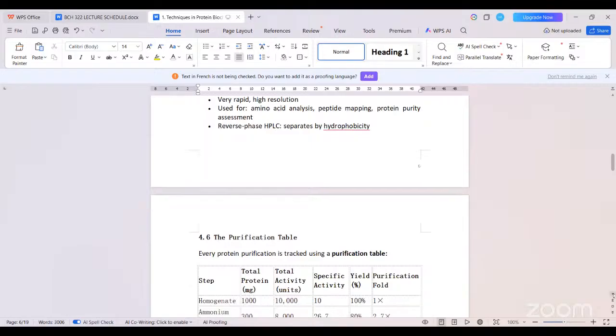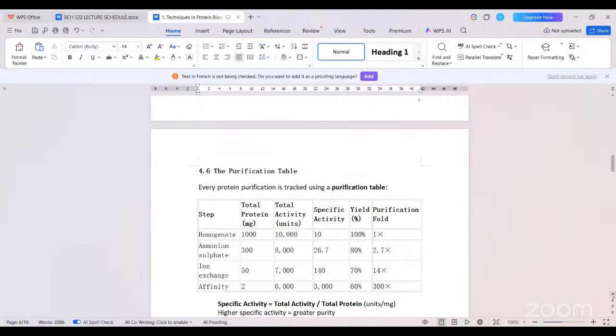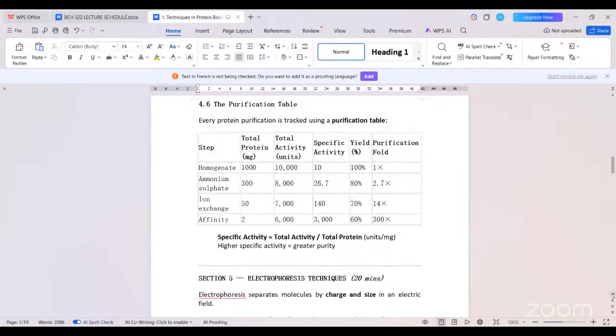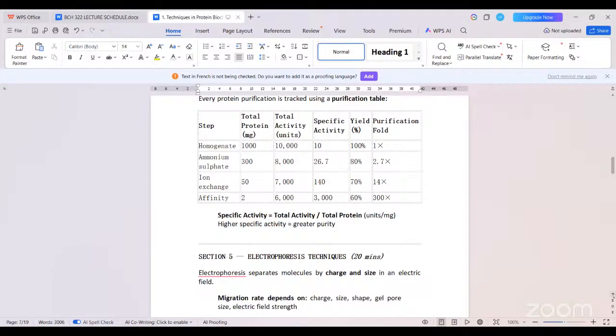So this purification table is showing each protein; every protein purification is tracked by a purification table, and they all have different specifications by which they should be monitored, at which they work. Because if you do not use the specification for a particular protein, you will not get the right result.